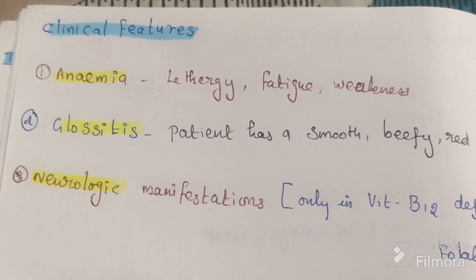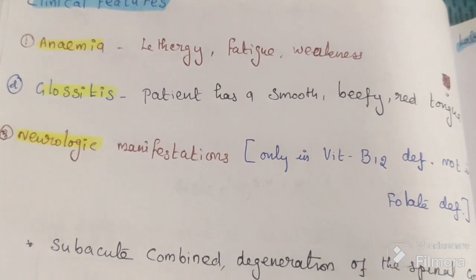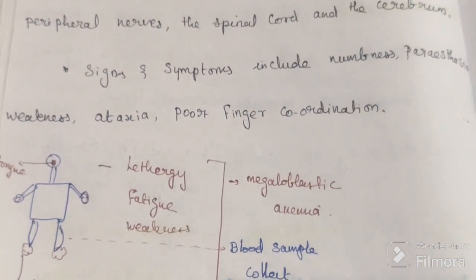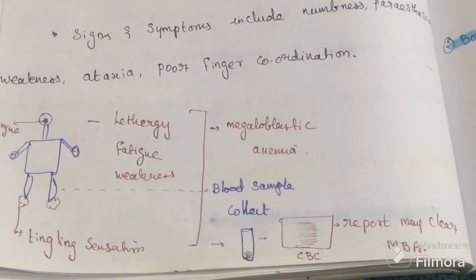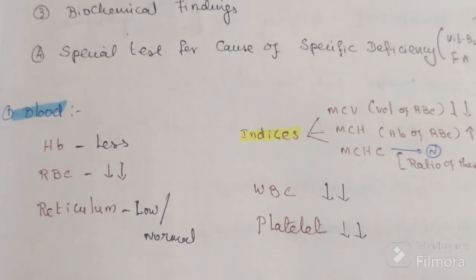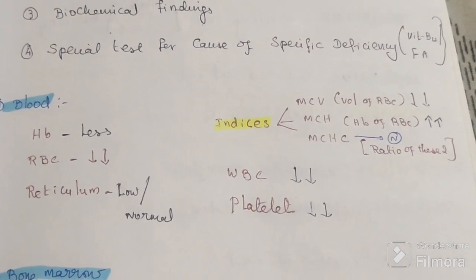So in this video we covered the clinical features of megaloblastic anemia, the signs and symptoms, and the laboratory findings. In blood, Hb level is low, RBC low, reticulocytes low or normal.